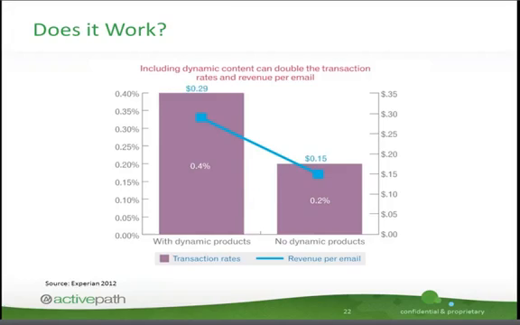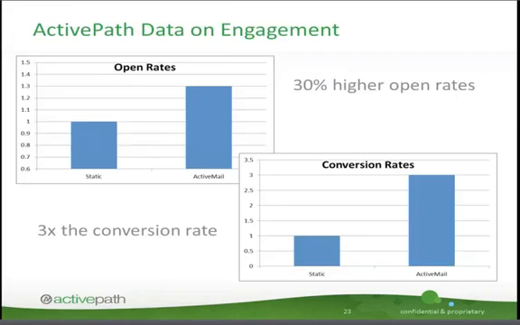They had shown it as 29 cents per email versus 15 cents, and obviously the transaction rate of 0.4% versus 0.2%. Obviously, it really depends on your campaign and what product you have and what the value is, but there's very few initiatives I think you can do this year that will give you a 2x return like you can do with interactive email.